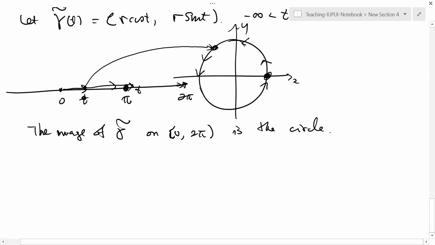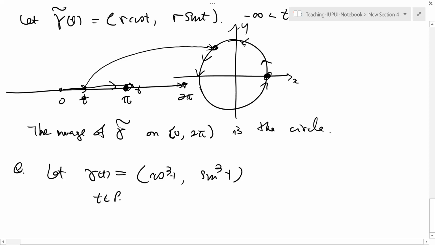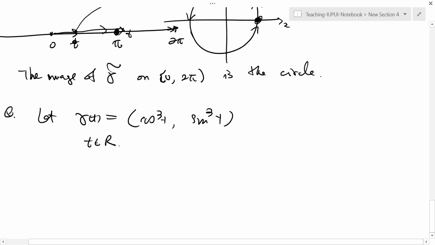Okay, so let's take a look at the next problem. Let gamma of t equal cosine 3t, sine 3t, right? t is in the whole line.